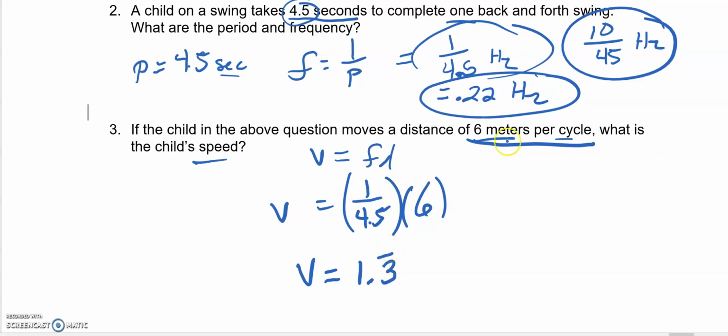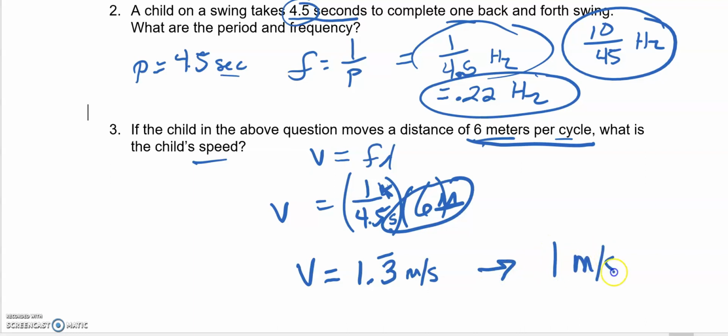Now for our units, our wavelength was in meters, our frequency in hertz, which is like cycles or oscillations per second, but the cycles part isn't actually part of the unit, it's just a count. So you'll notice our label is going to be meters per second for our velocity. And it looks like we only get one significant figure, so we would put 1 meter per second as that child's speed.